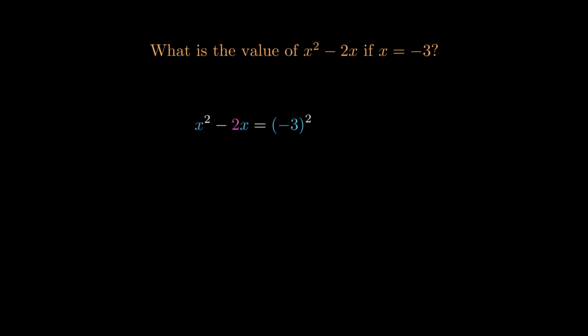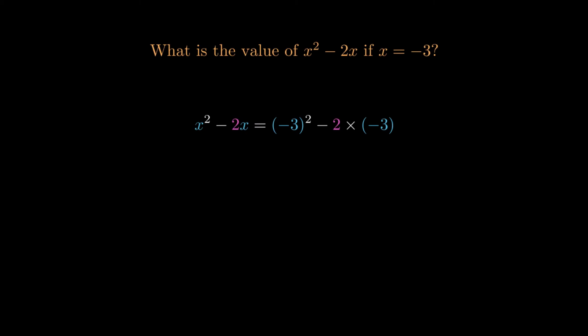We're going to square it, and then remember minus 2x means minus 2 times x. But again, x is negative 3, so we're going to put it there inside those brackets again. Let's do the square one first. When we square the number negative 3, we need to times negative 3 by itself.